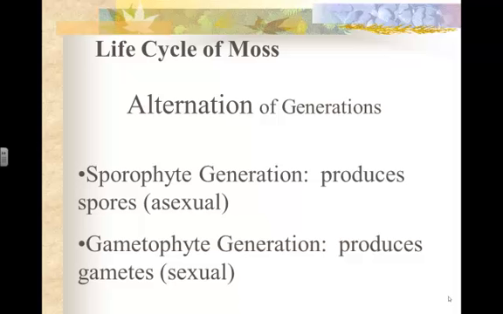So the sporophyte generation is the asexual phase of the reproductive cycle of a moss. Gametophyte generation, the gametes, remember, are sperm and ova, and they are the sexual phase. So it has to go through a sporophyte and a gametophyte. Now, whenever an organism reproduces by alternation of generations, there's going to be one generation that is predominant. And we'll talk about that in the moss plant.